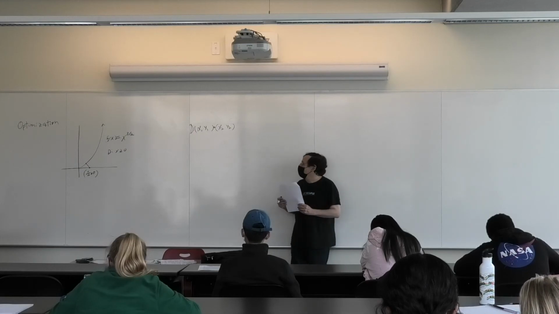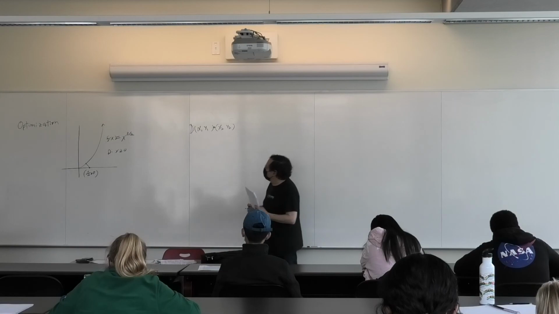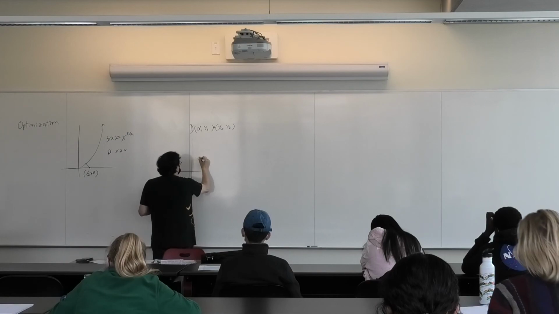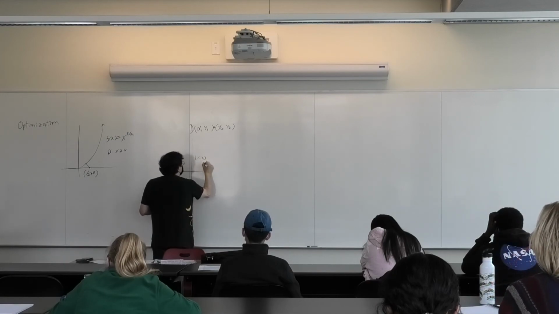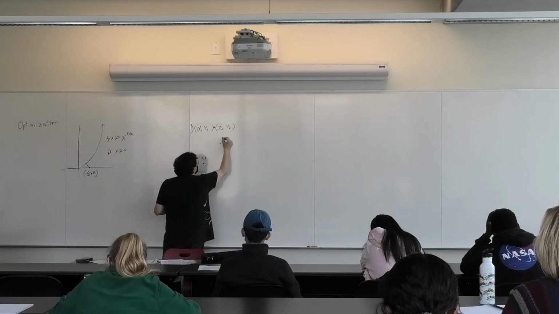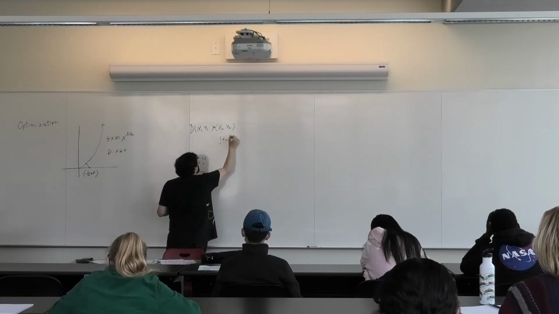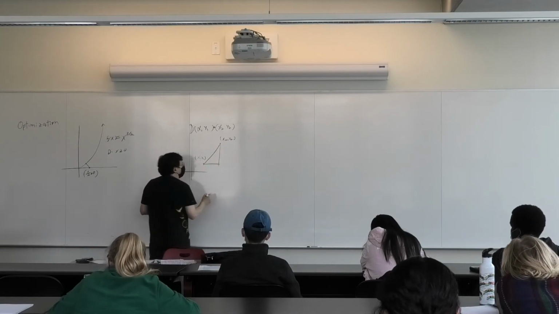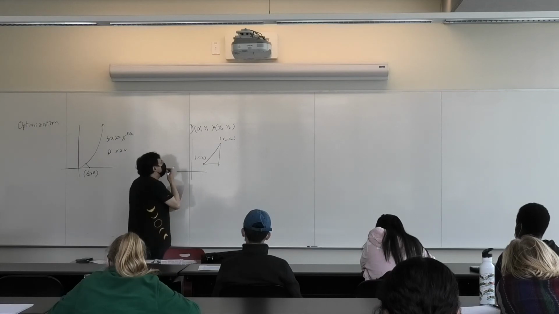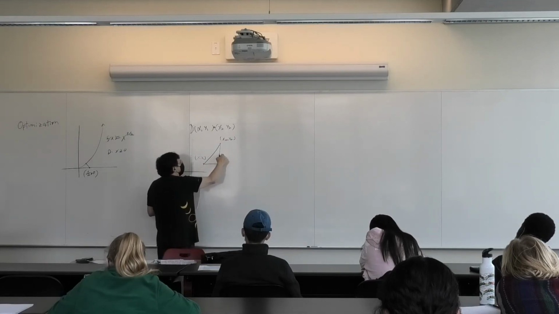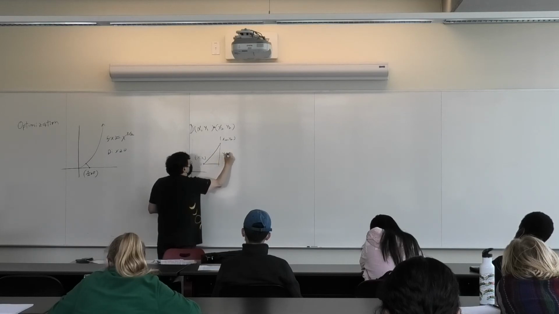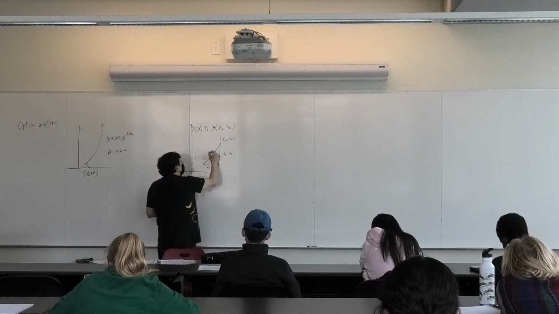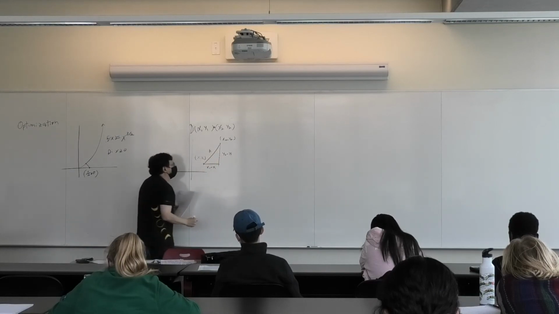Or you might figure this out with 2 points. You might think of a right triangle and the Pythagorean theorem. Well, this is y2 minus y1, and this is x2 minus x1, and this is my hypotenuse.